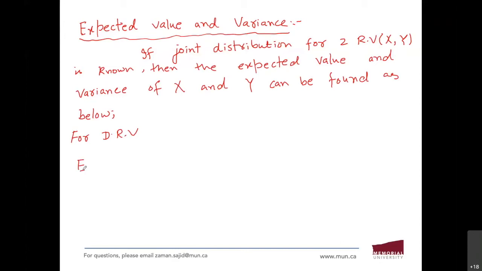The expected value of x, we also denote it as mu of x, equals to, we take our x values and we multiply it with the joint probability of x and y, and then we take the summation of both of them.